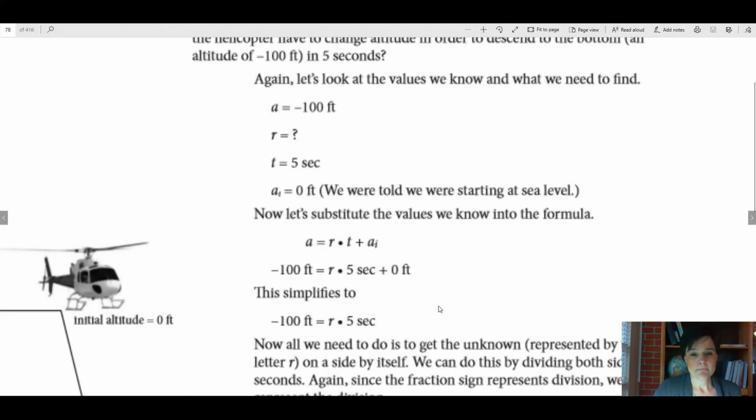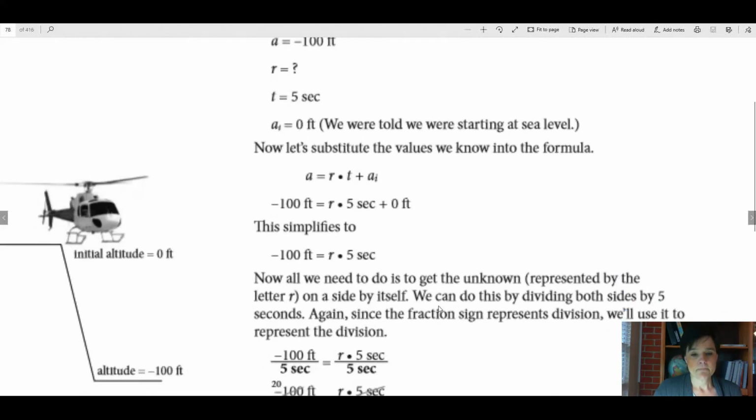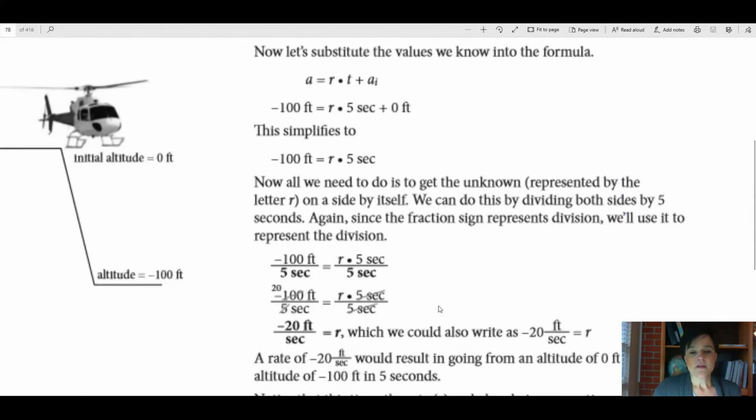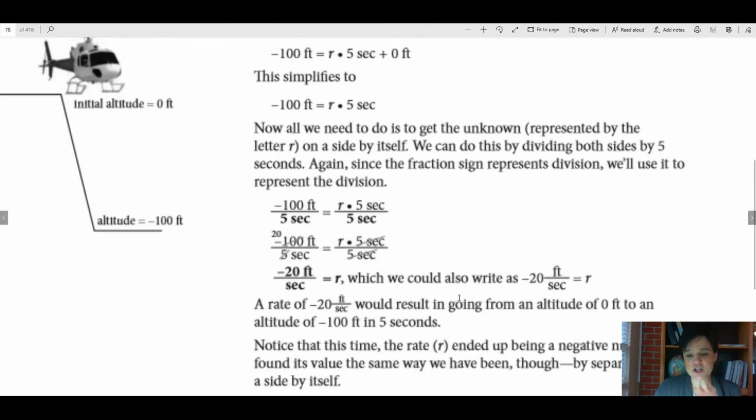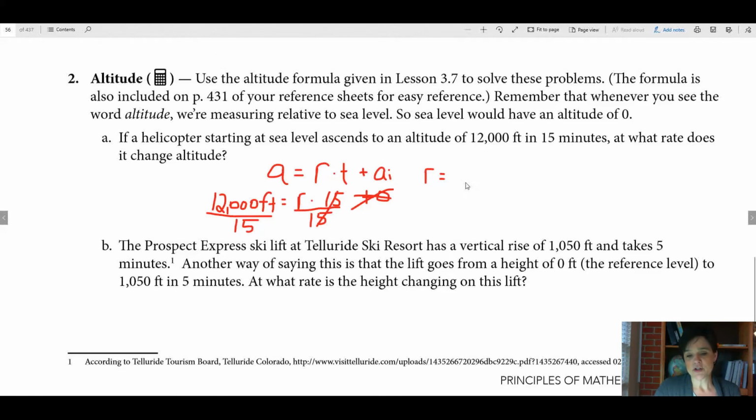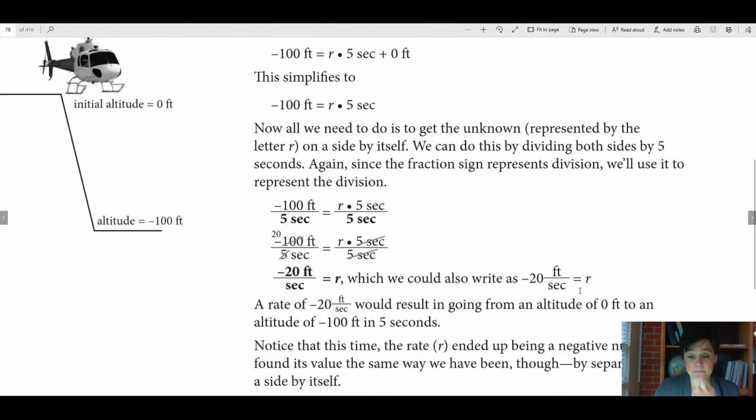Always pay attention to your units, because if you get your answer and it's just a number, you have to put a unit. What is 100 what? I'm not saying that's the answer, but whatever the answer is, what are you talking about? Are you talking about pecans? We have to figure out what we're talking about.